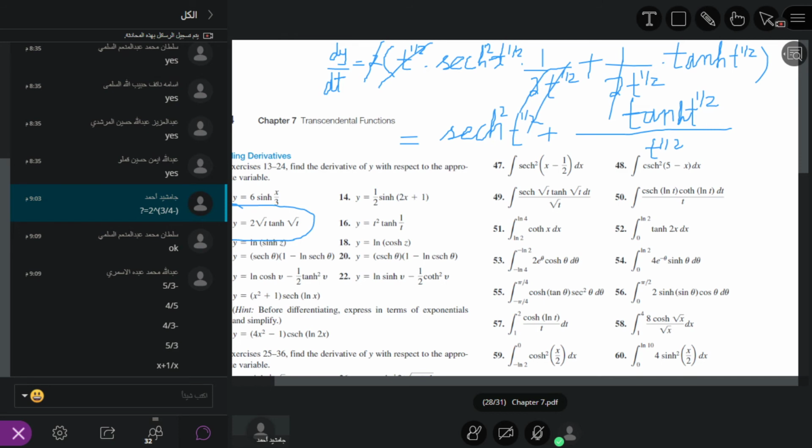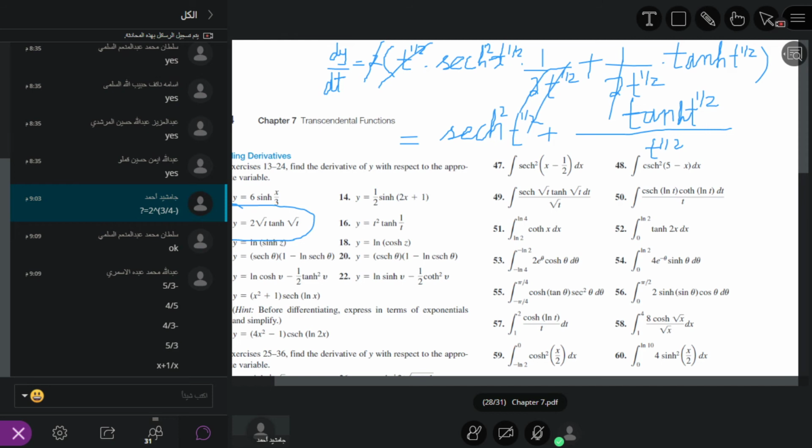Now the second function same, derivative of the first function. What is the derivative of t power 1 by 2? It is 1 divided by 2 t power 1 by 2.